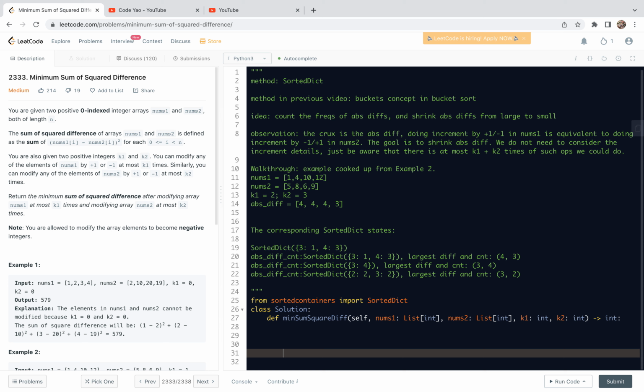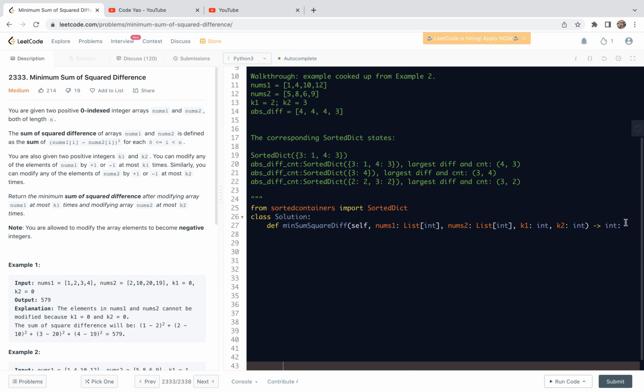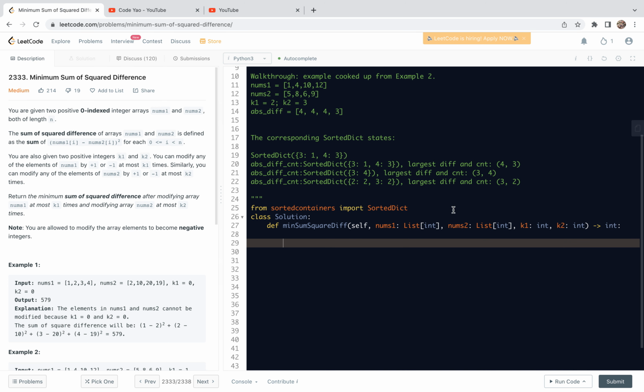So now let's look at our solution in this video. So I first imported the sorted dictionary. The purpose of using sorted dictionary is to pick the largest absolute difference. So with that said, let's do the process. First, I'm going to track the information for the length or the dimension of the two vectors.